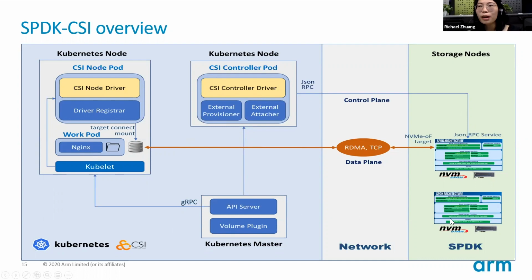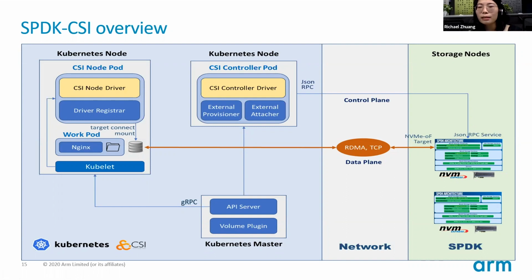And this part is a cluster running some SPDK nodes with NVMe devices and the SPDK software stack. And this part is the networking between the Kubernetes cluster and the SPDK storage cluster.